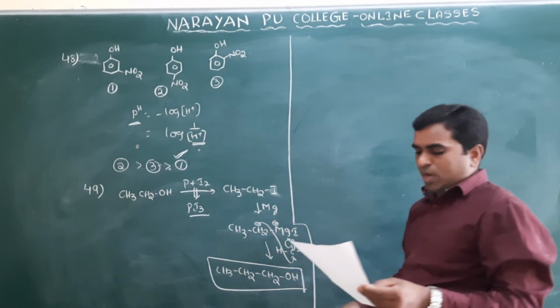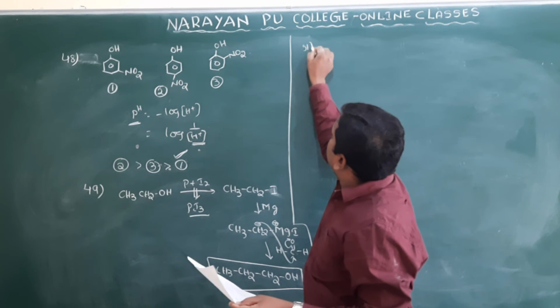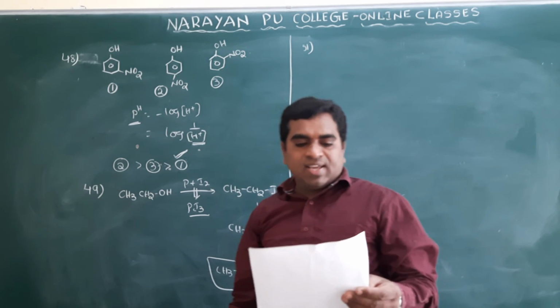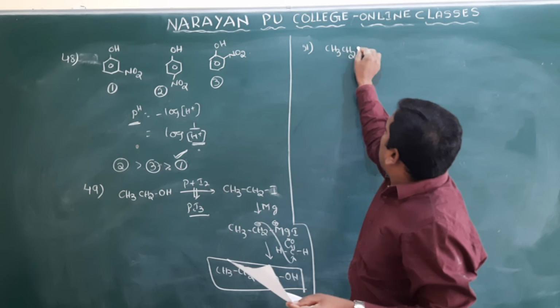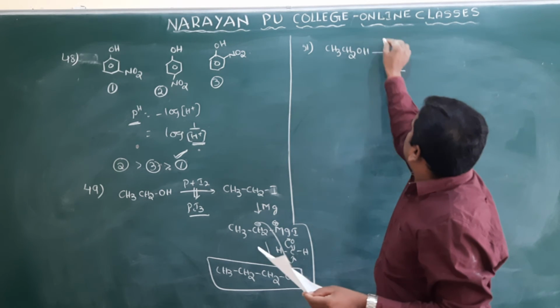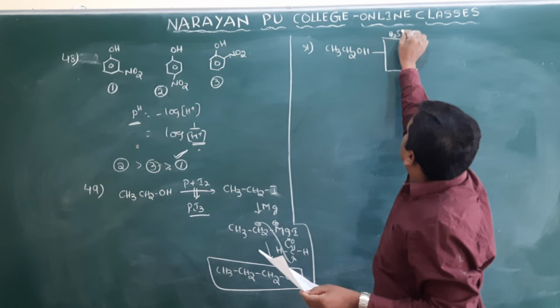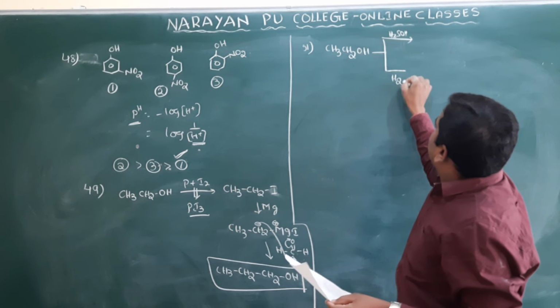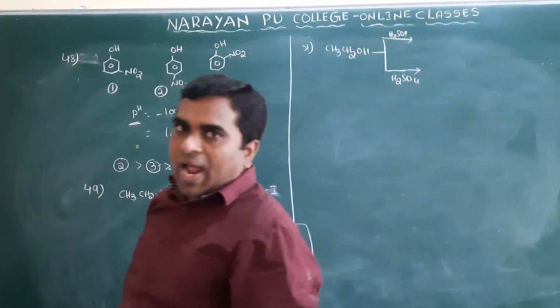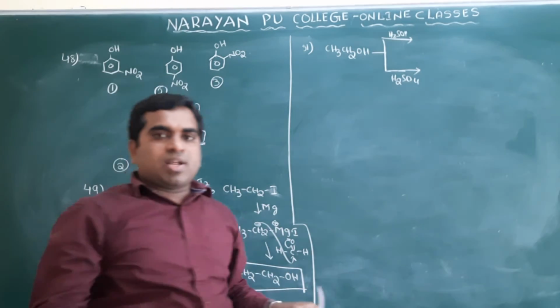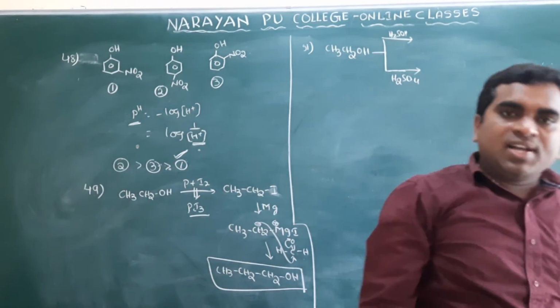Next one, question number 51. We have discussed this very clearly. Ethanol, CH3CH2OH, is treated with H2SO4. I already mentioned it is a temperature dependent reaction, and if you change the temperature, automatically the formation of products also changes.